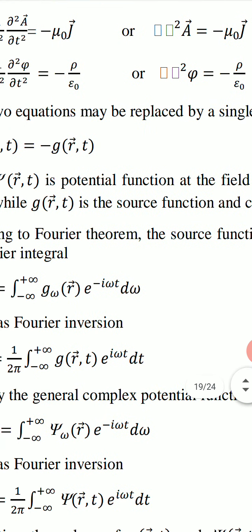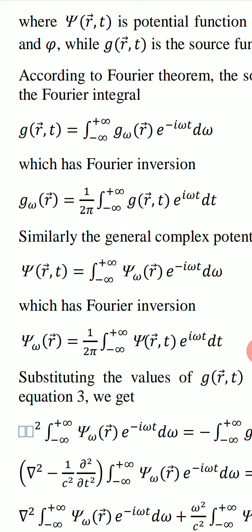According to Fourier theorem, the source function g(r,t) may be analyzed by the Fourier integral g(r,t) equal to integral G(omega,r) e to the power minus i omega t d omega, which has Fourier inversion of G(omega,r), which is inside the integral of the above equation.